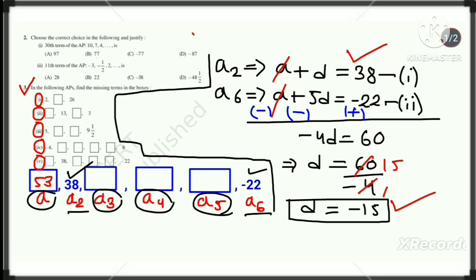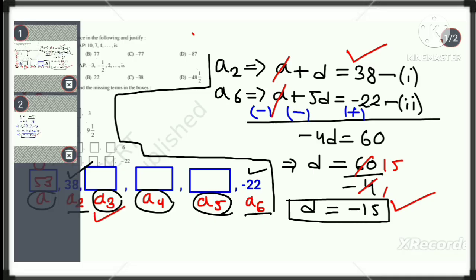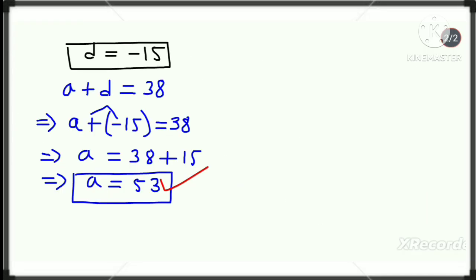Now let's find A3, and A3 can be written as A plus 2D, and here A equal to 53 plus 2 into D equal to minus 15.